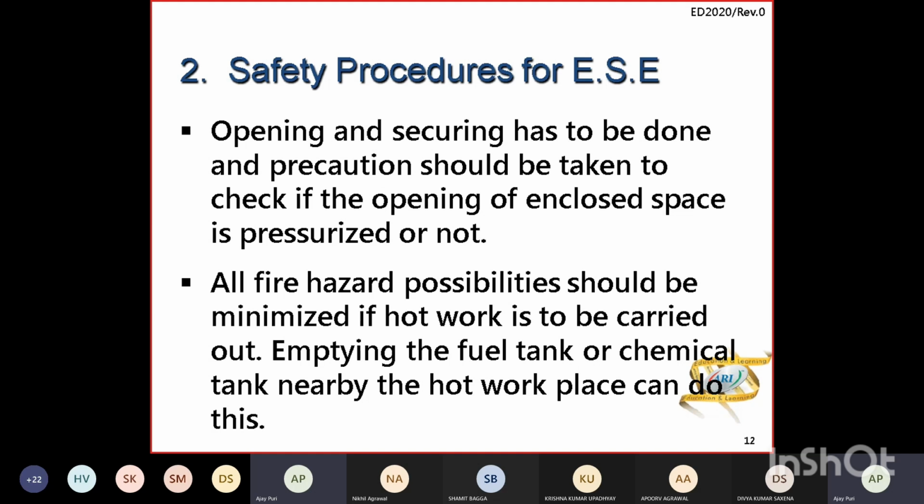All fire hazard possibilities should be minimized if hot work is to be carried out. So your adjacent tanks also have to be emptied if they are fuel tanks or chemical tanks. So the adjacent bulkhead should also be emptied so that the bulkheads are cleared up on the opposite side.